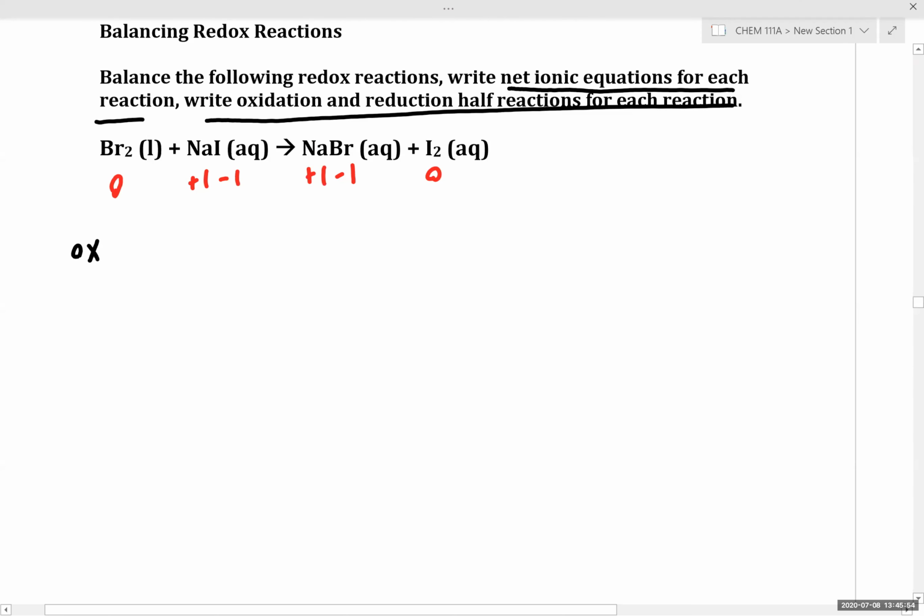Let's write our oxidation half-reaction, the species that is becoming more positive or increasing in oxidation number. So we have sodium iodide. I'm going to get rid of the sodium. So we have iodide going to iodine.